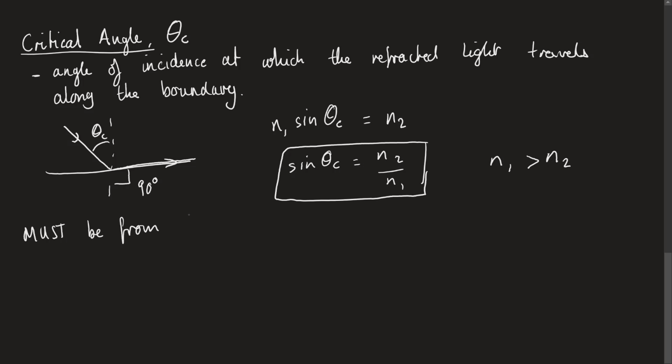Now, there are a few ways that you can prove that this condition is true. This condition is also on your formula sheet, so you don't have to memorize it either, but you do have to know it.